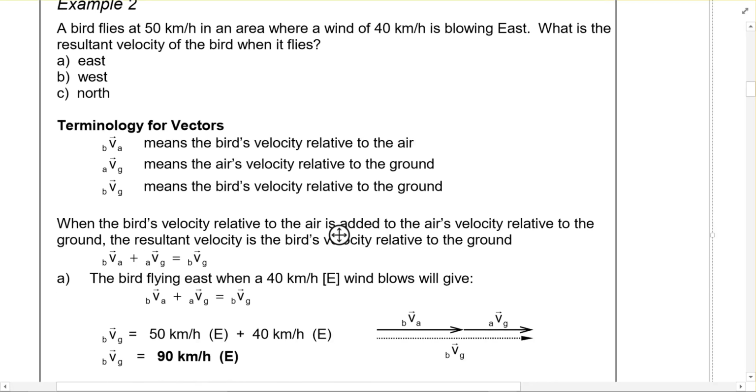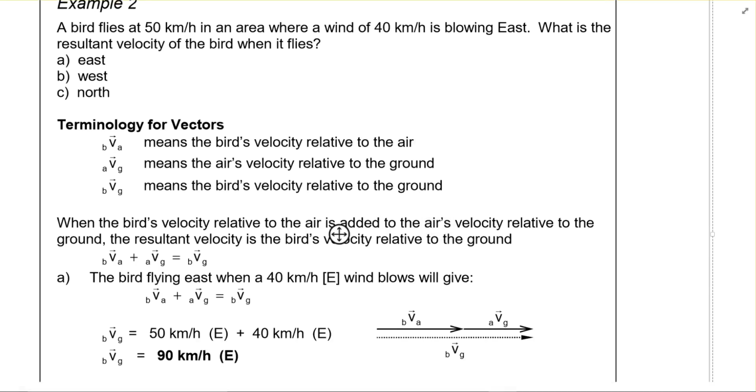All right, we have to get some terminology under our belt here. This says the terminology for vectors, and it says BVA. What that means is the bird's velocity relative to the air. It's always going to be the velocity of the thing, and then "relative to" and what comes after.